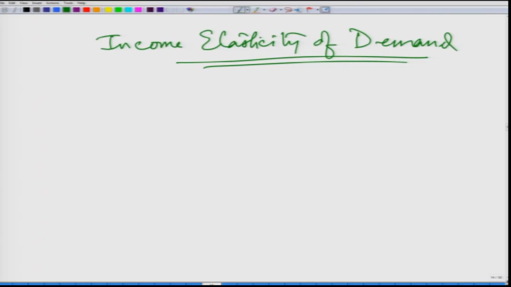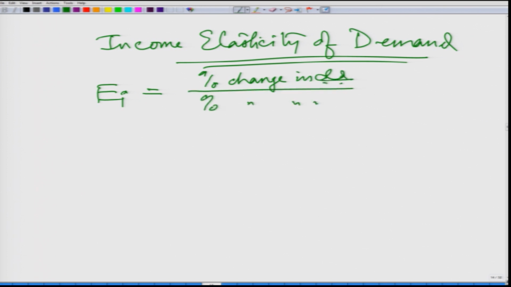Therefore, in income elasticity of demand, I stands for income. This is the percentage change in demand divided by the percentage change in income. We can estimate it as change in demand divided by change in income.